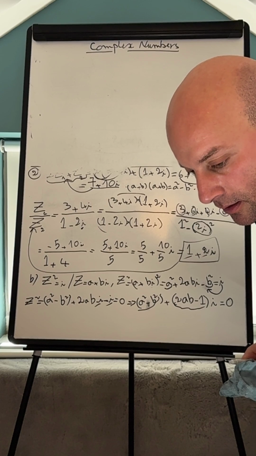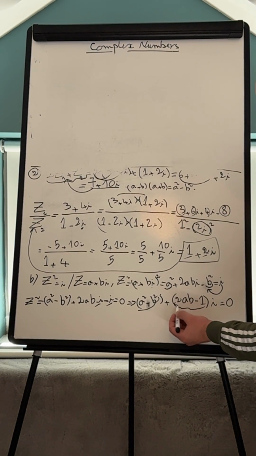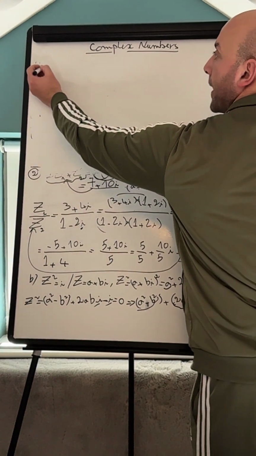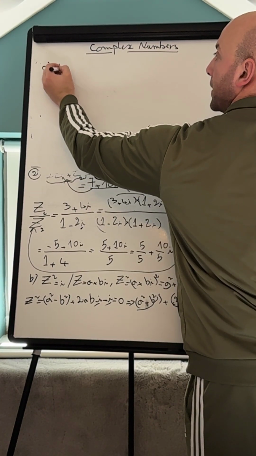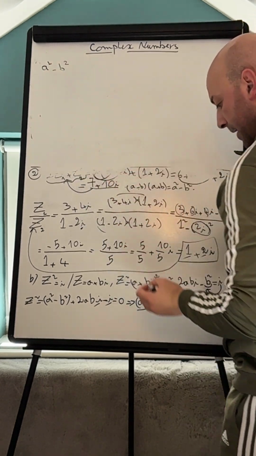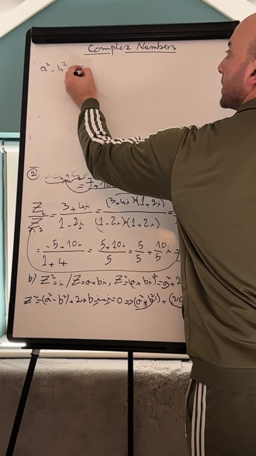Cool. Okay, so in here now we've got a squared minus b squared equals 0.